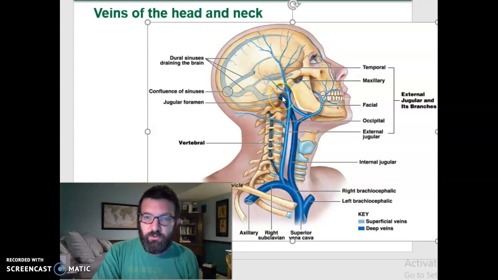The internal jugular drains the brain, and the vertebral vein, right next to the vertebral artery, drains the brain as well. So these two drain the brain, the external jugular drains the outside, but they all come together along with the subclavian vein to form this brachiocephalic vein. Again, we have a left one and a right one. All of them come together, arm, head, to form the brachiocephalic vein.